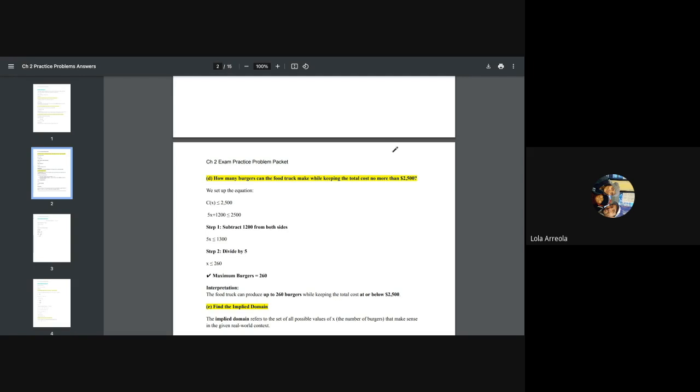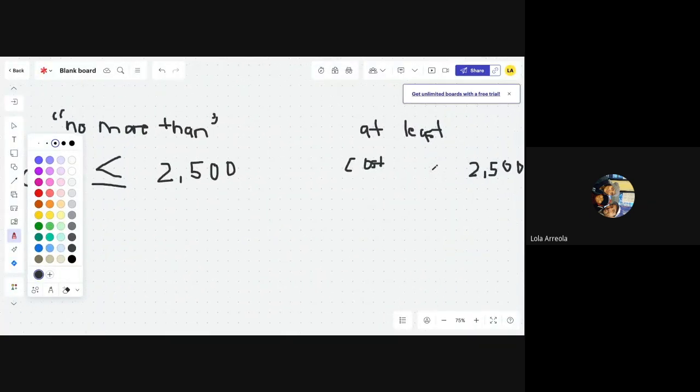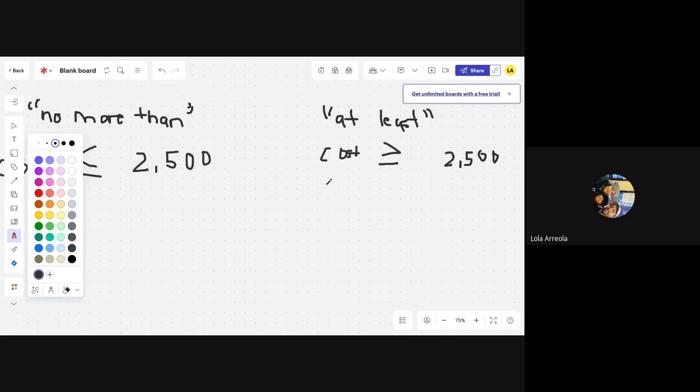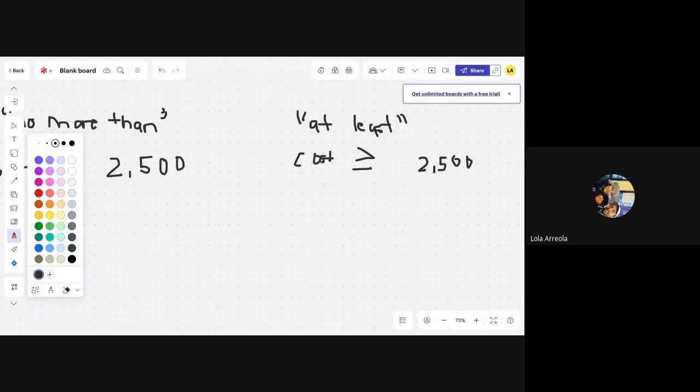So if I think of at least in relation to cost, then I'm saying give me more, or at least the 2,500. Again, these are good things to write in my cheat sheet.